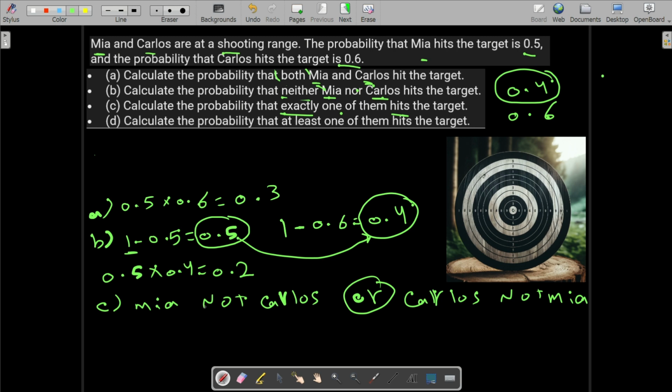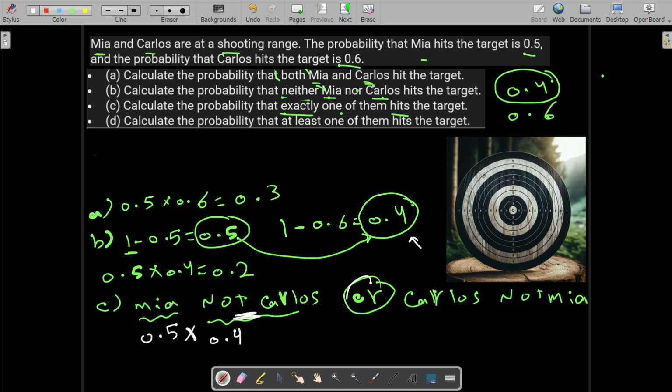Why? The first part here, which is Mia and not Carlos: you will get the probability of Mia, which is 0.5, multiplied by the probability of Carlos not hitting the target, which we got here already, which is 0.4.